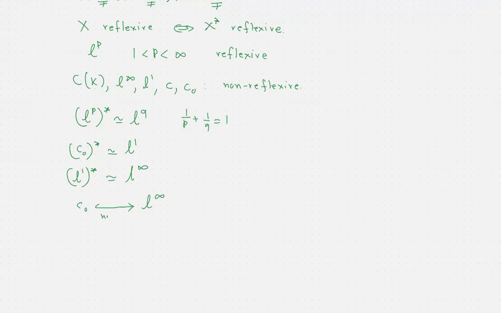So there are some very nice things, and sometimes it's not that easy to identify the dual of a Banach space. For example, for C of K, to identify its dual needs a lot more work. It's the space of signed measures, but we're not going to go into that.